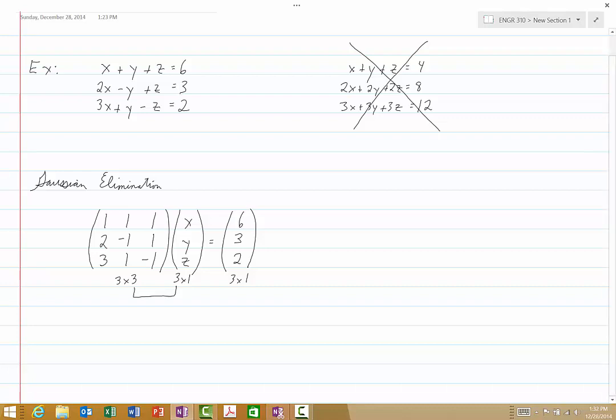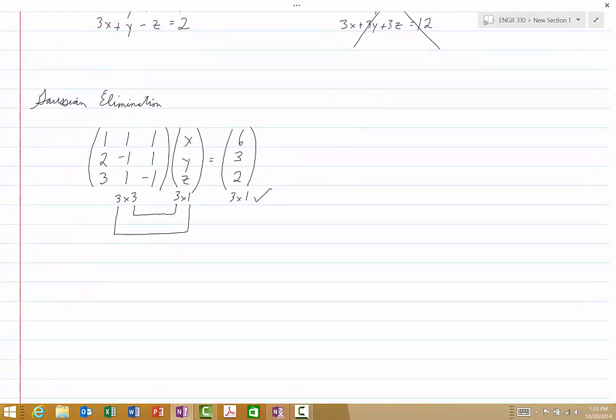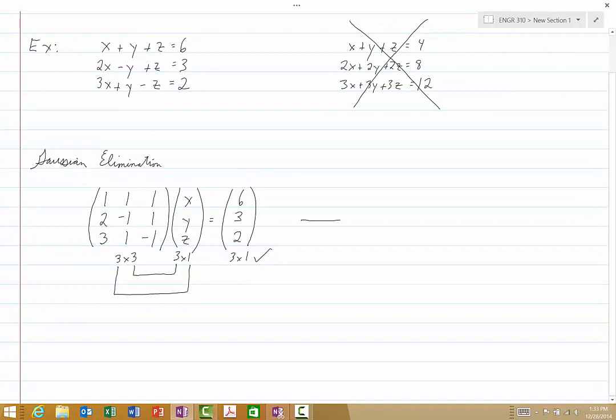And furthermore, when we multiply this 3 by 3 system matrix by this 3 by 1 unknown vector, the dimensions of the result will be 3 by 1, which is in fact exactly what we have over here on the right hand side, 3 by 1. And if you multiply out both sides using our rules for matrix multiplication that we had before, you will see, I'll just write it over here.